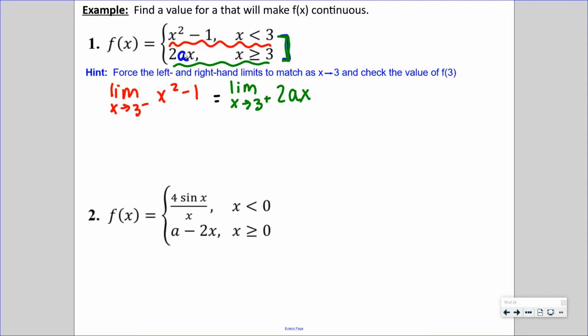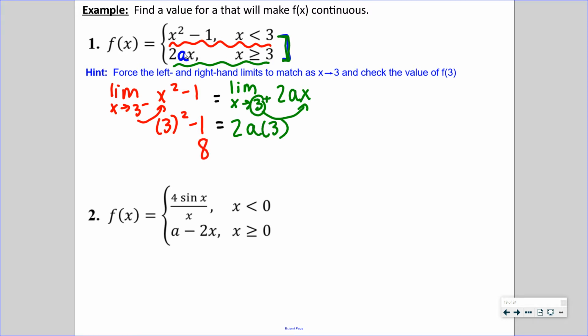Okay, so we can direct substitute from here. Here I'm plugging 3 in for x. 3 squared minus 1, I get 8.